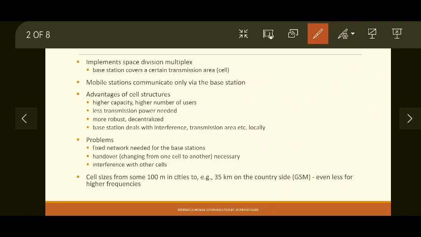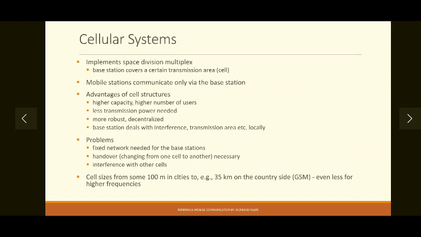So covering the entire world with a single structure is not possible. That's why we need a cellular system. So in mobile communication, the entire world or entire region of coverage is divided into small regions, and that's why the mobile communication system implements space division multiplexing.